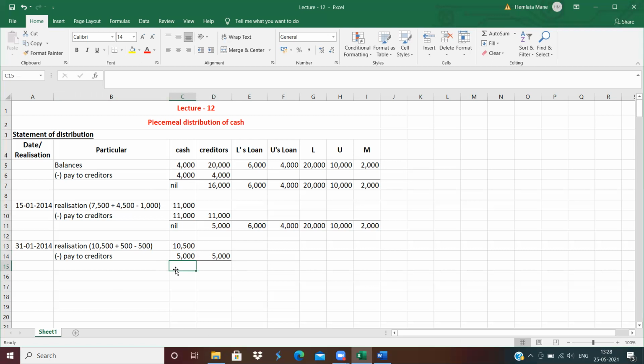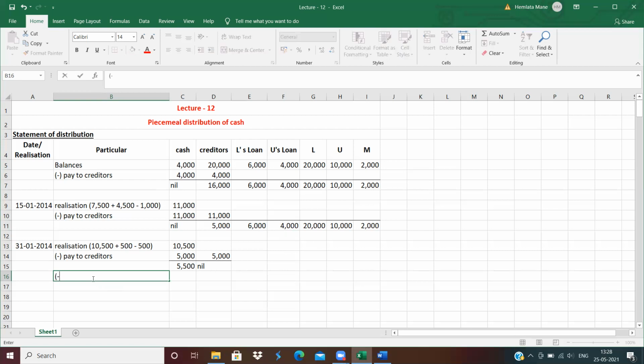Now the creditors balance is nil. Now we will pay whom? We will pay the loans of L and M because these two partners' loans are given. So pay to these two at one time in their loans ratio. Loans are 6,000 and 4,000.